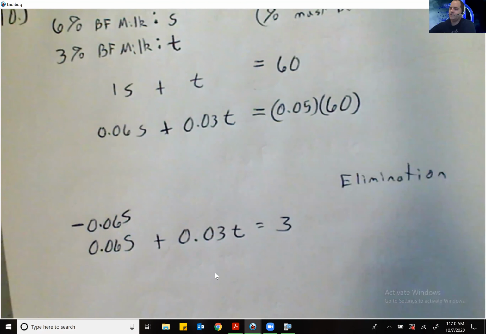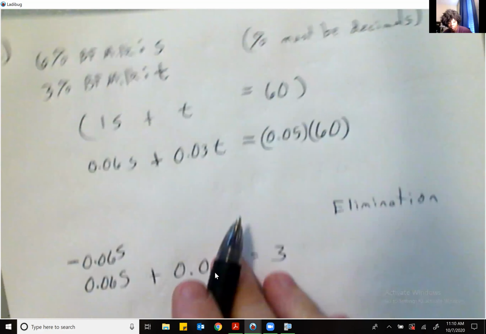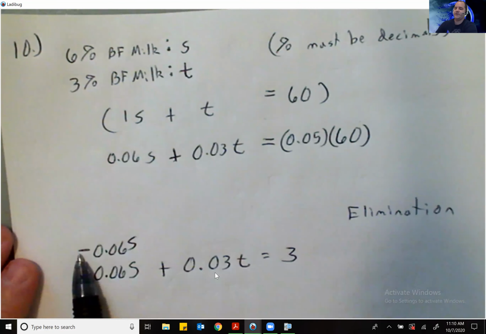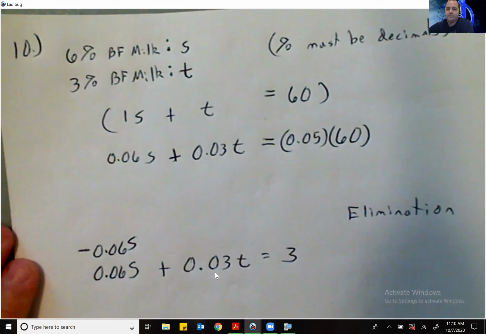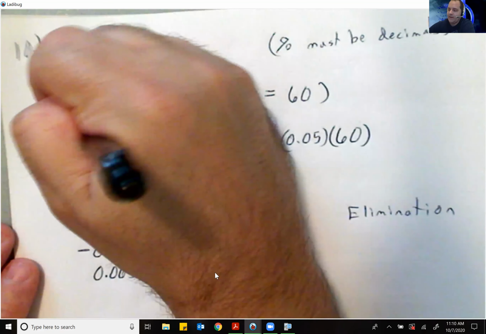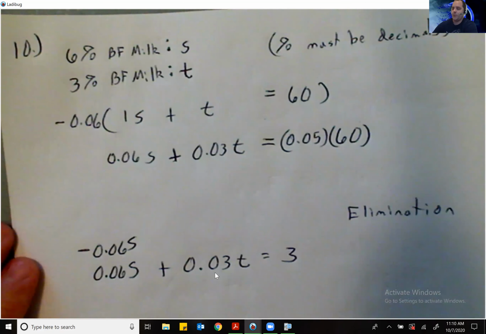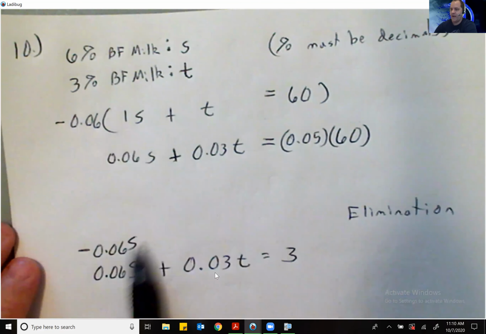All right. So now the top one. What times 1 will give us the negative 0.06? Just multiply it by negative 0.06. So negative 0.06 times 1 gives us what we knew was going to happen.